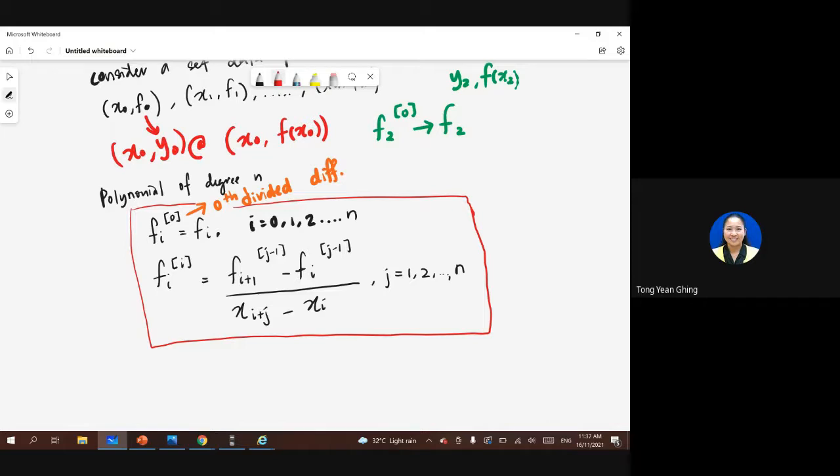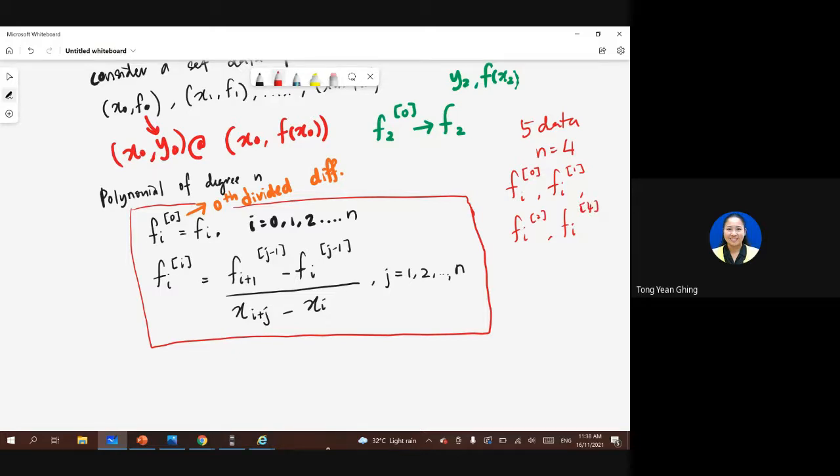So this can start, depending on the number of data. Let's say we have 5 data points, so n is 4. That means we have to find, starting from the 0 divided difference, and then the first divided difference, second divided difference, and then the fourth divided difference.